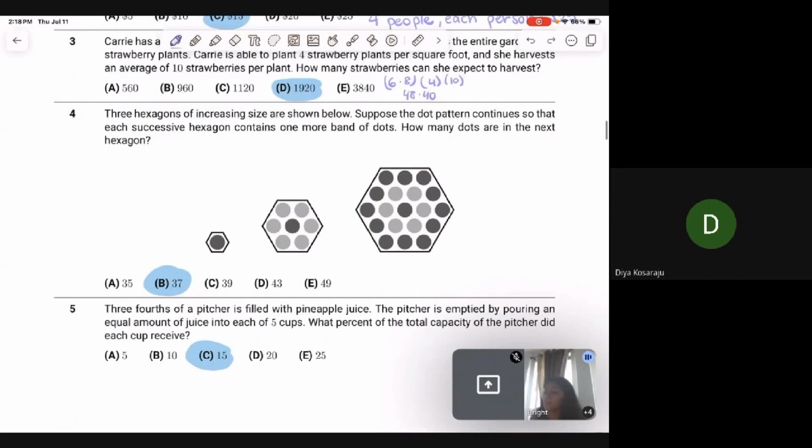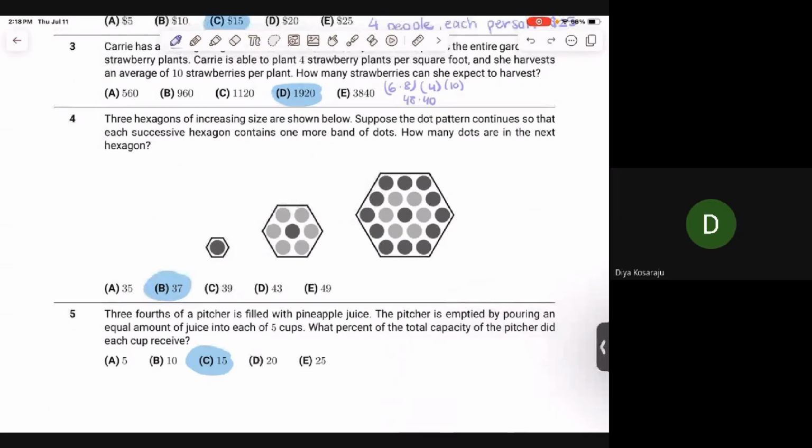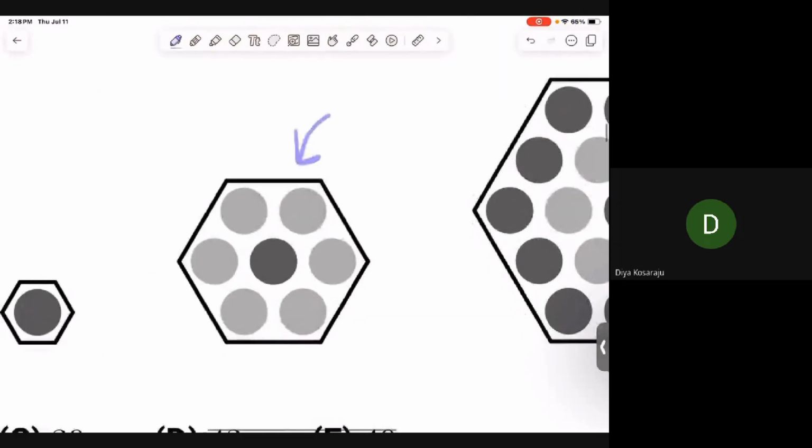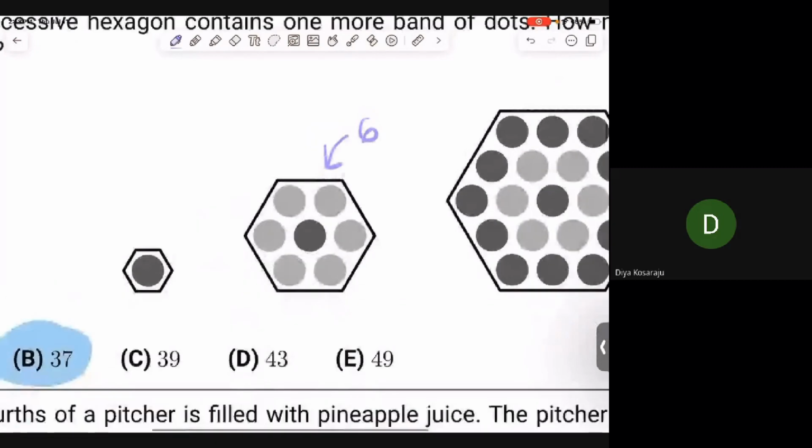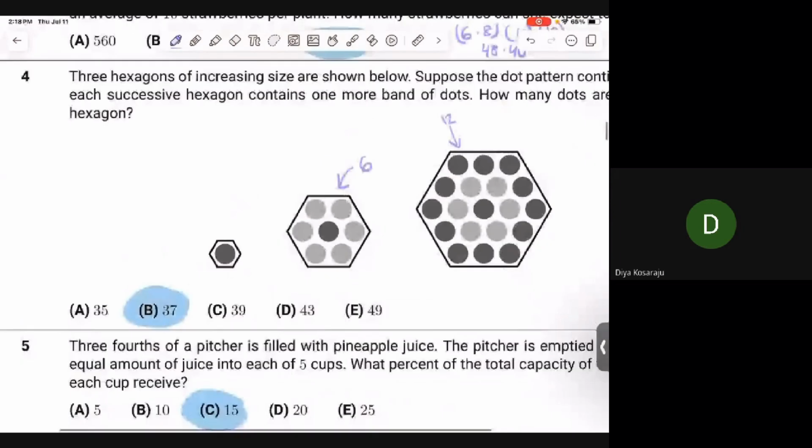Okay, so for this one, the first one has 1, and then the second one has a ring of 6 around it, and then the third one has a ring of 12 around that one. So far we have 1 plus 6 plus 12, which is 19 so far.